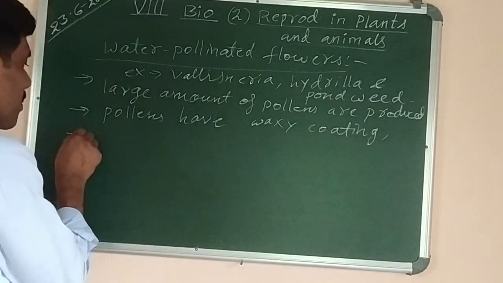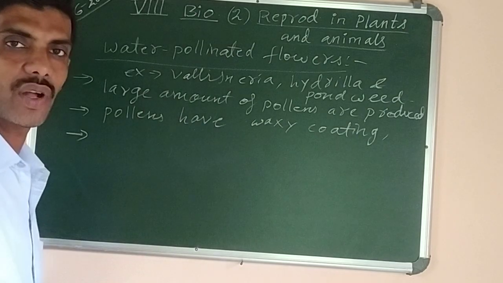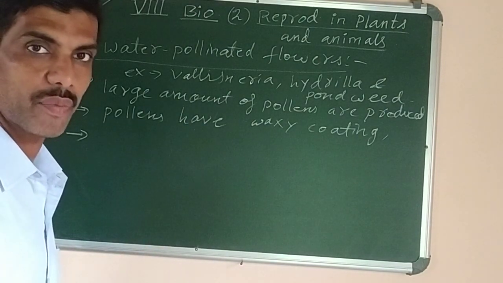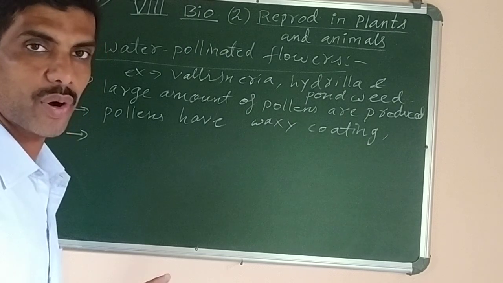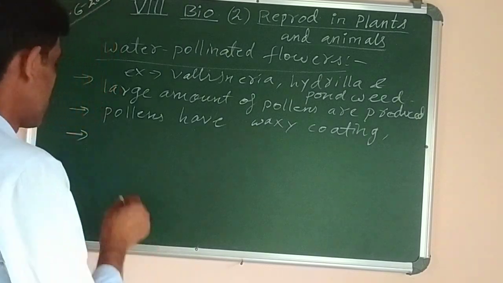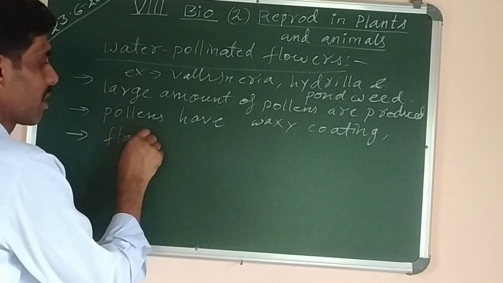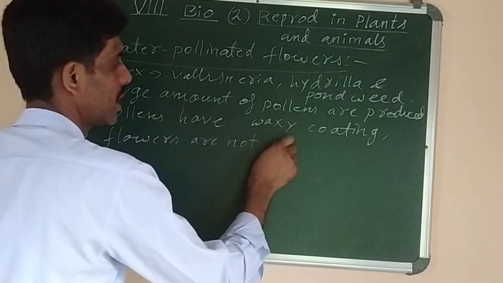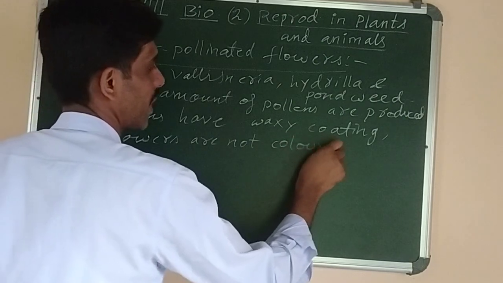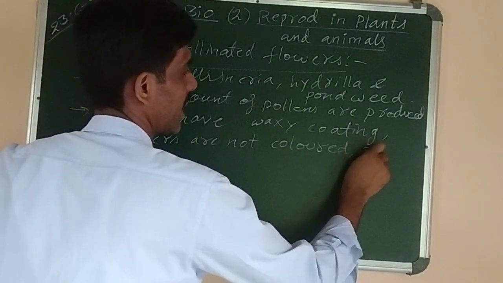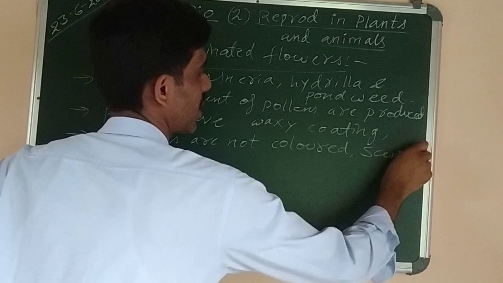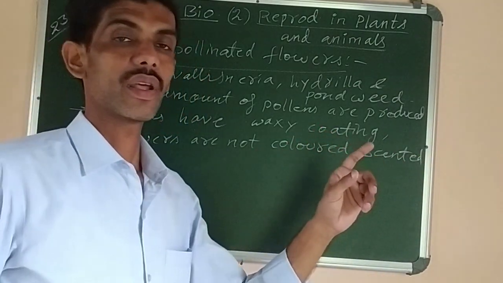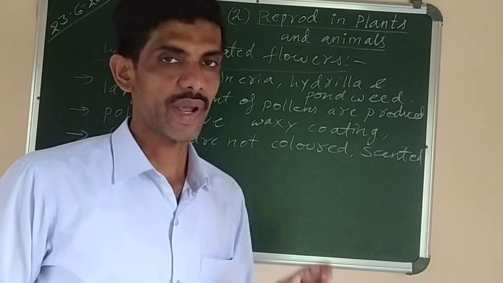then the next condition is, because wind and insects are not involved, the flowers are not brightly colored, and they do not produce any scent. So this also you can write, flowers are not brightly colored, they are not scented, because all these things are not needed. They do not produce nectar. They are needed only for the insects, to attract the insects.